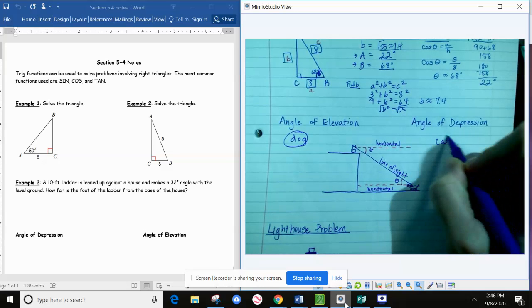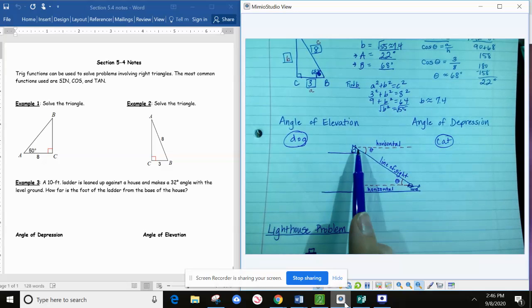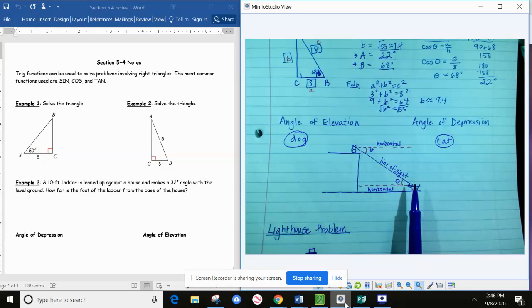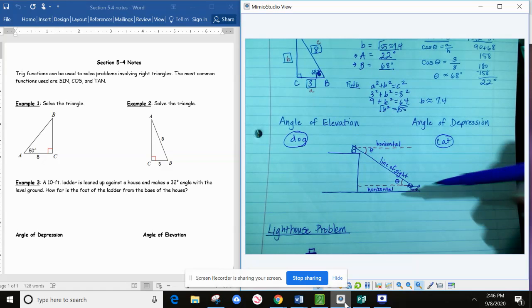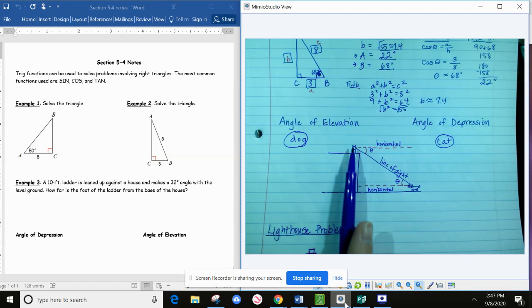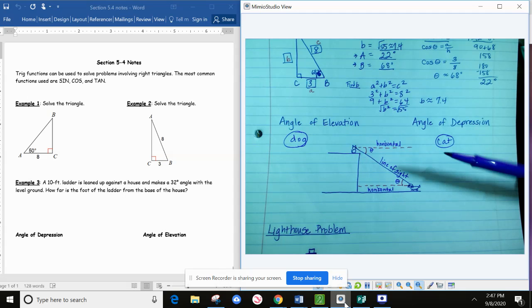The thing to keep in mind is that it is always made with a horizontal and the line of sight. So the angle of depression looks like an upside down triangle if I were to draw the connection between this horizontal and the dog. Never make the angles with the vertical. It's always an angle made with the horizontal. So keep that in mind.